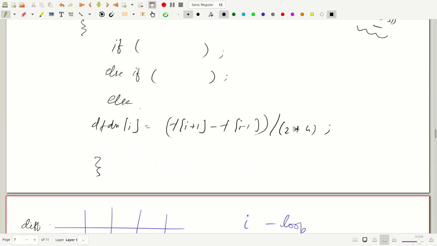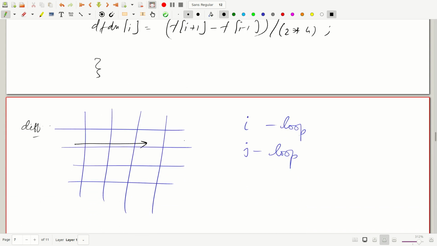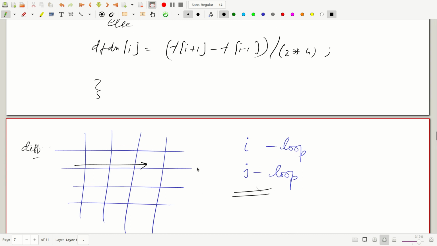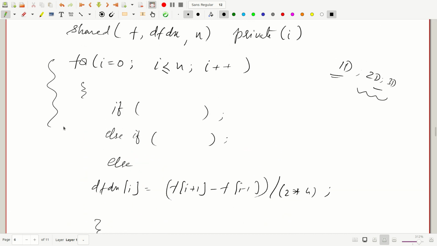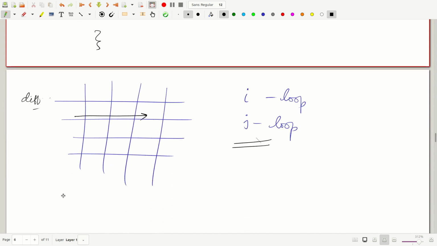Instead of parallelizing the i itself, we can even parallelize the j, and similarly we can also parallelize the i loop when we are calculating the derivative for j. In that sense, this can be applied to 2D and 3D in a straightforward way. Okay, so that is very simple.